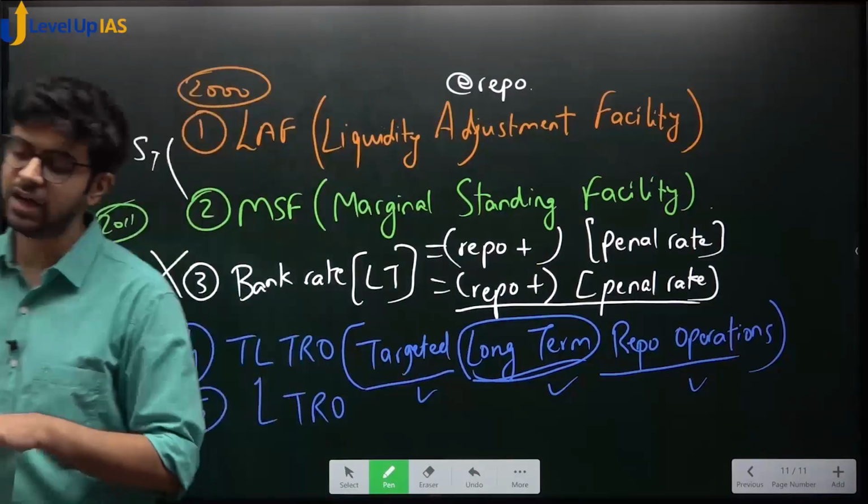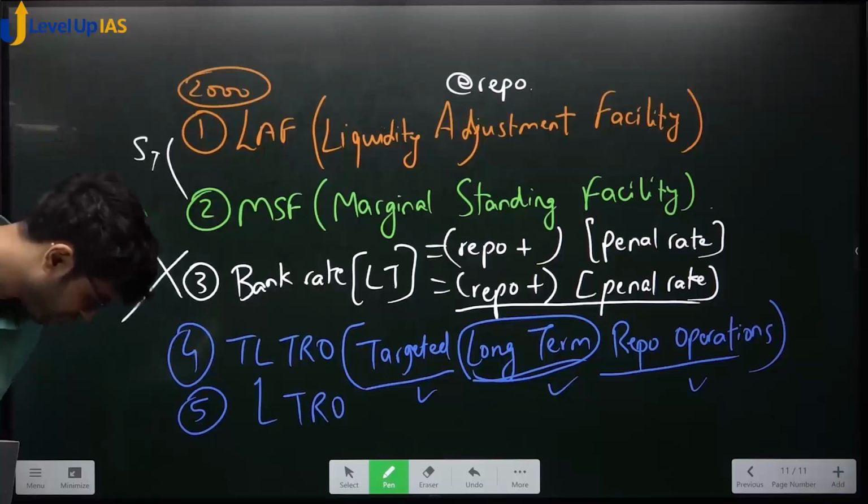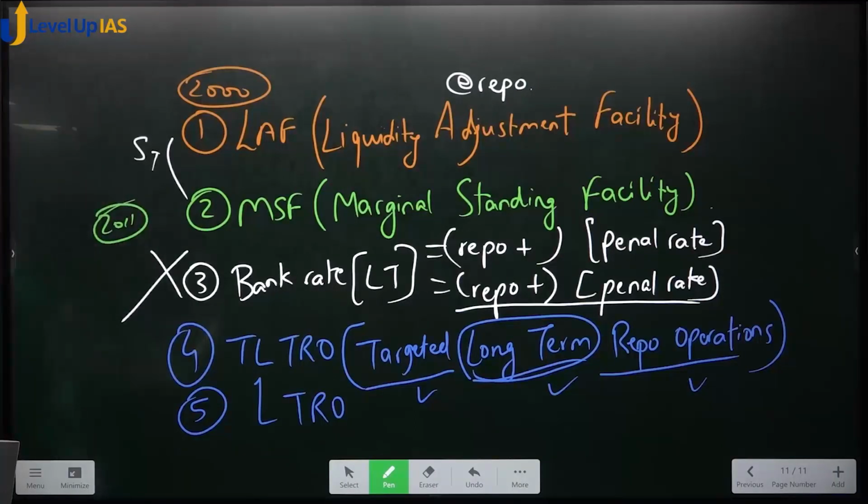Always remember, LAF, liquidity adjustment facility, is overnight. It is just for one night. Write this down. These are the windows through which banks borrow funds from RBI.